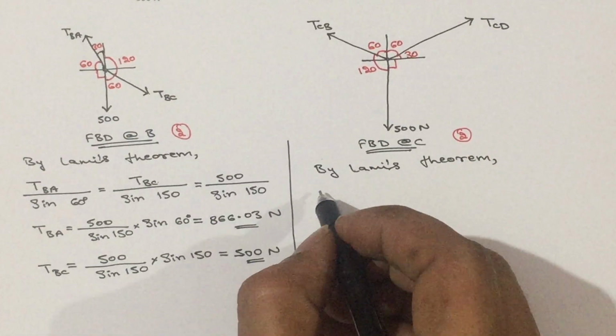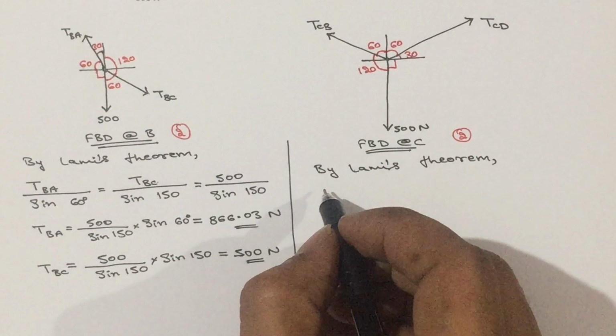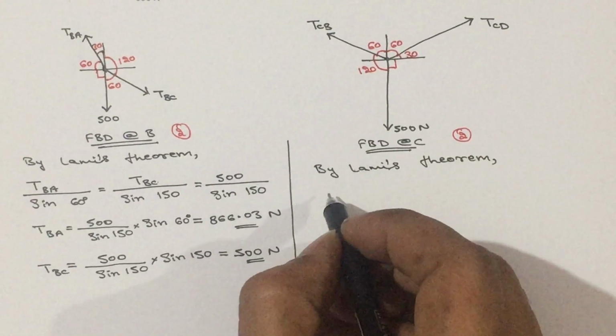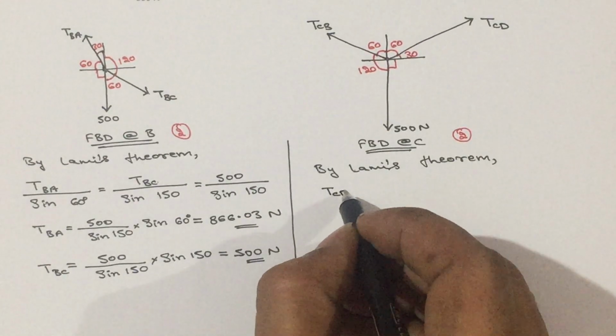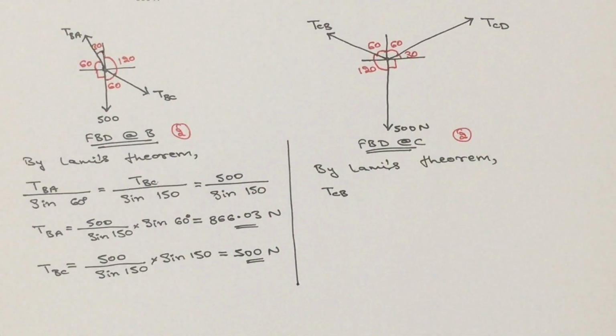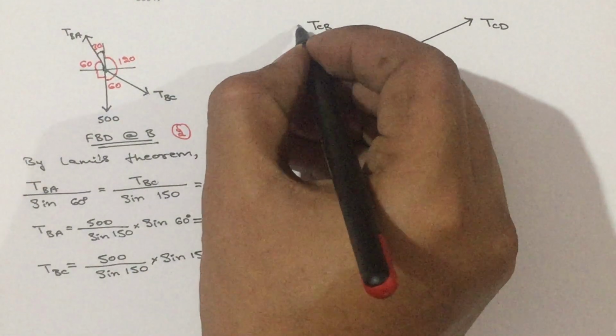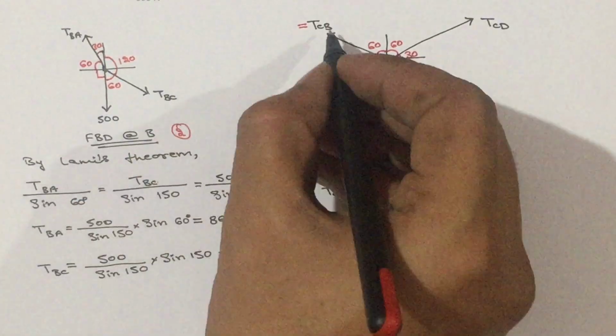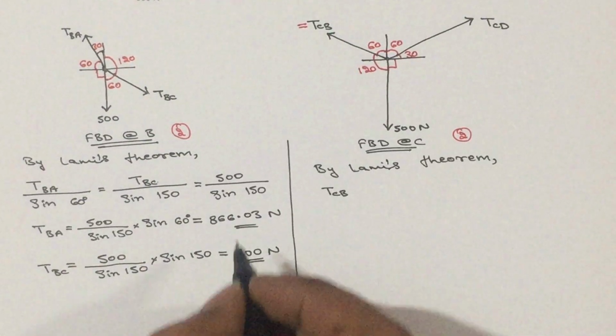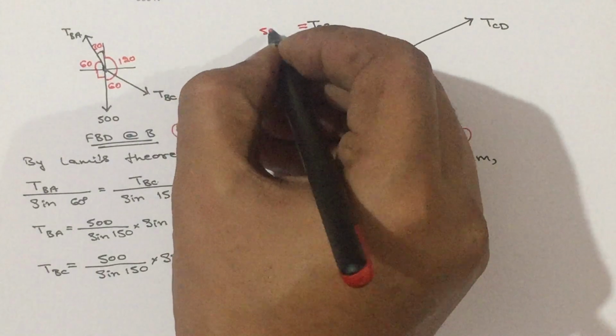write the Lami's equation, that is force divided by sine of the angle between the other two forces, force TCB. Before going to that, here we have already calculated, since TBC is equal to TCB, TBC is 500 Newton.